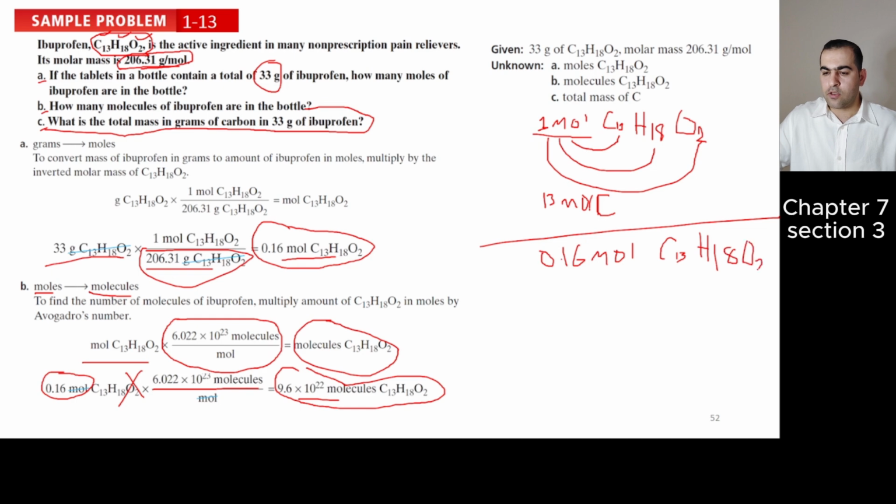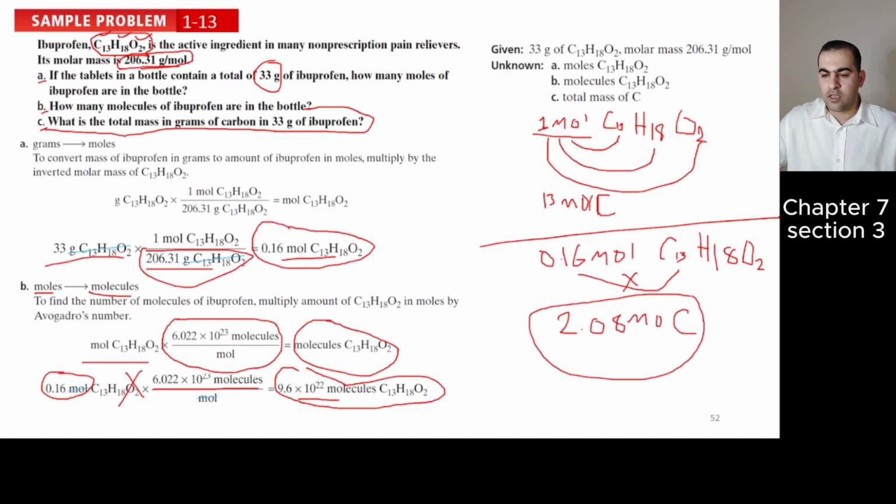So in 0.16 mole of ibuprofen, there are 2.08 moles of carbon.